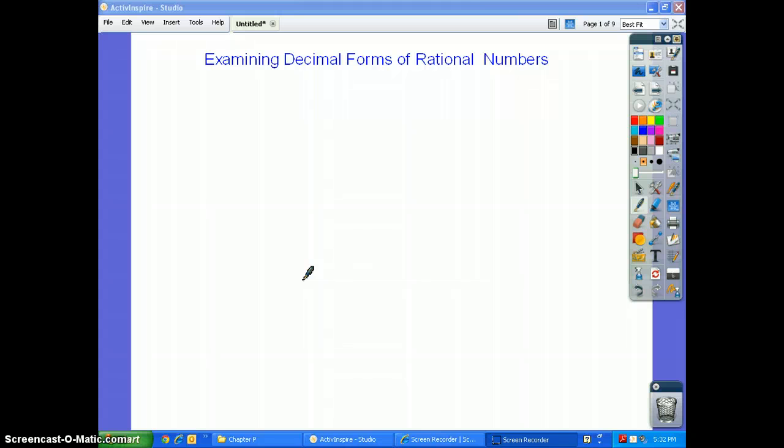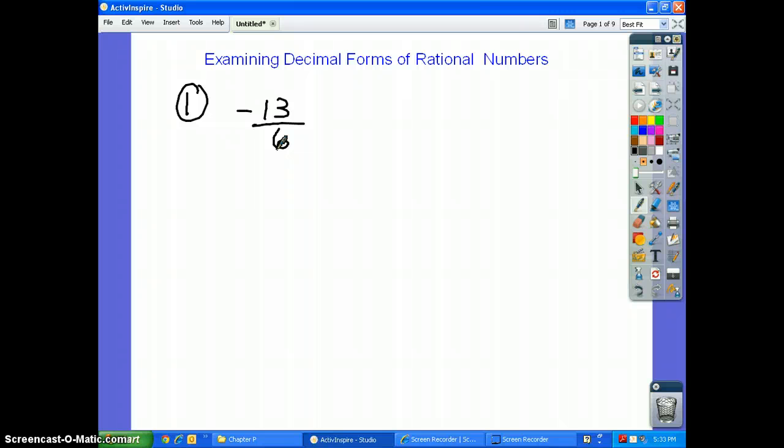The first thing we're going to do is examine the decimal forms of rational numbers. In this problem, you're going to find the decimal form for the rational number, and then state whether it repeats or terminates. Example number one is problem number three in your textbook. Here we have negative 13 over 6, and we want to determine whether this is a terminating or repeating decimal.